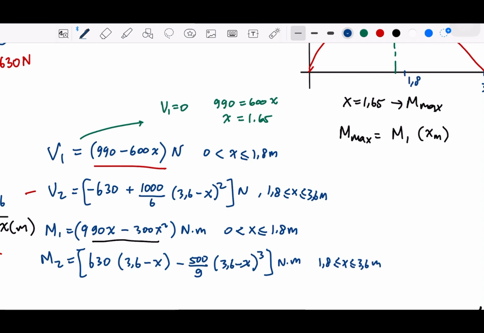So put here 0, 1, 6. Let me just check my numbers. Multiply with 300 minus 816.75. So 990.